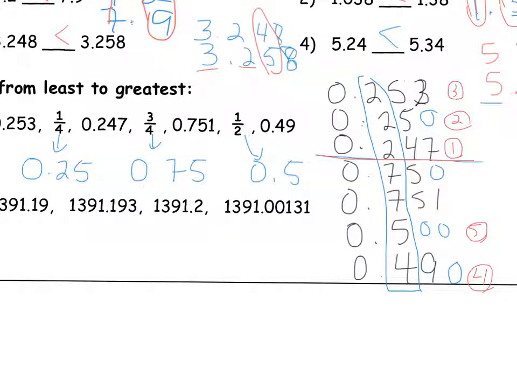And then I'm comparing between the 0.750 and the 0.751. The 7 is the same in the tenths place, the 5 is the same in the hundredths, so now I'm comparing the 0 and the 1. 0 is less, so the 0.750 is going to be number 6, and then 0.751 is number 7.